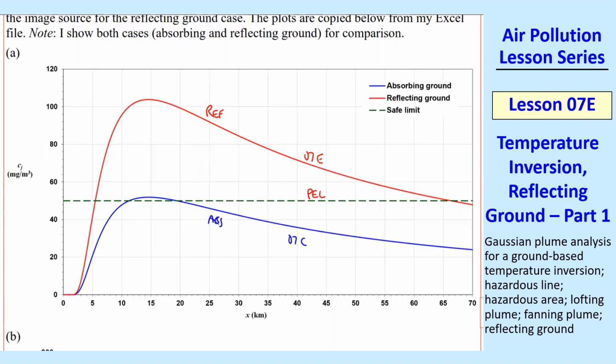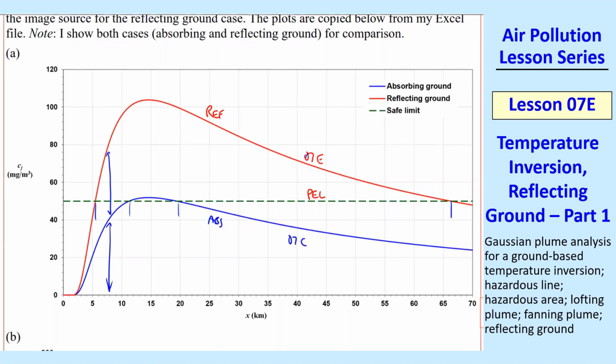So you see that we have a much bigger, it's actually a factor of 2 since it's on the ground. So the actual Cj goes up by a factor of 2 at any x since it's right on the ground level, as we talked about previously. But the hazardous area, or the hazardous line in this case, goes a lot bigger. Even though it's a factor of 2 in Cj, it's much bigger than that as far as the hazardous area.